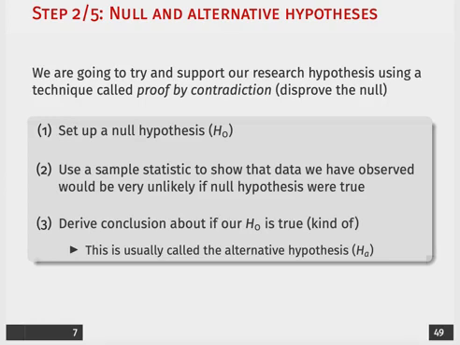I will very rarely say we find sufficient evidence that the alternate hypothesis is true. And again, this is mostly because of the way that we are setting this up through proof by contradiction.